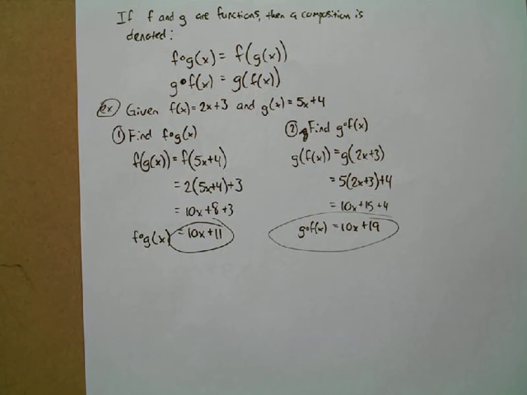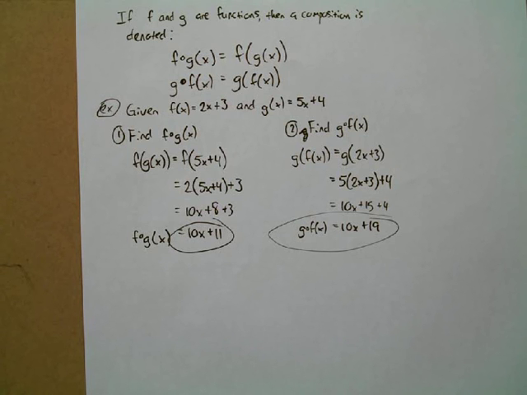But I think you'll get an idea as you proceed which way it goes: whether f of g of x is always or mostly the same as g of f of x, or whether they are not, in fact, in general the same. Here, in this case, they are different: 10x plus 11 and 10x plus 19. And it was just two lines. We plugged one into the other with two linear functions. All right, let's try another one here.